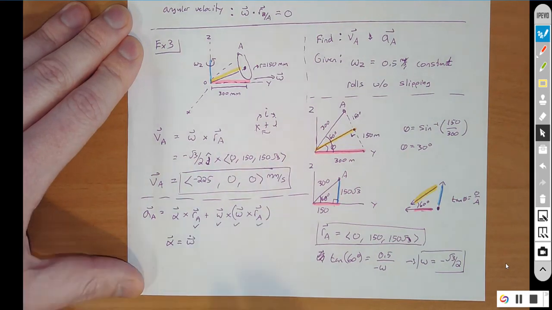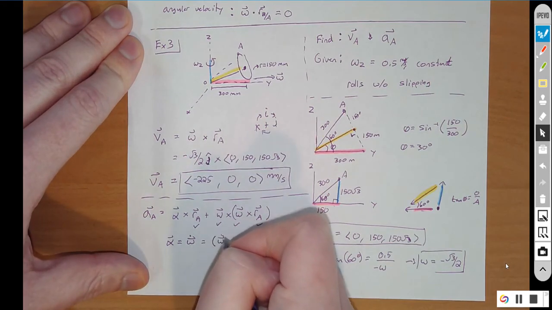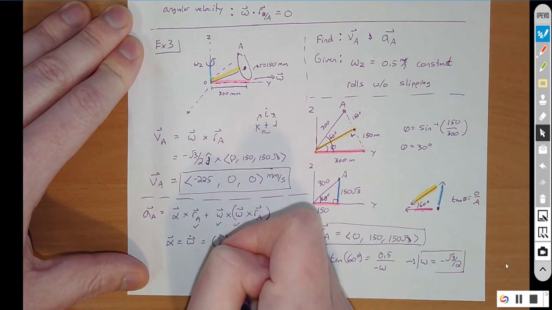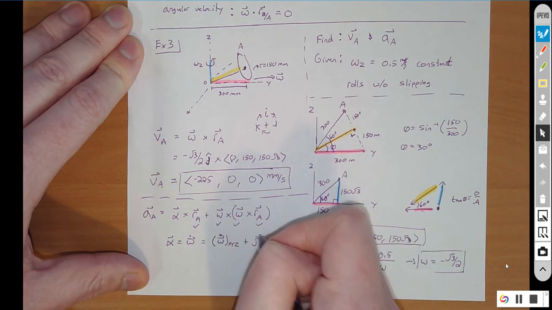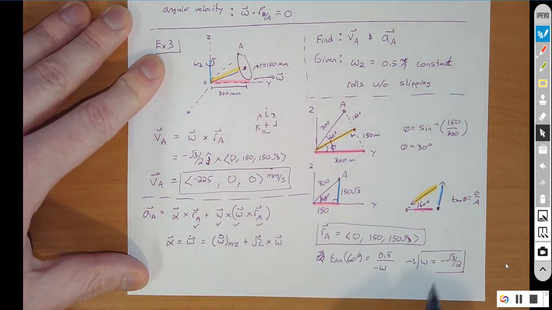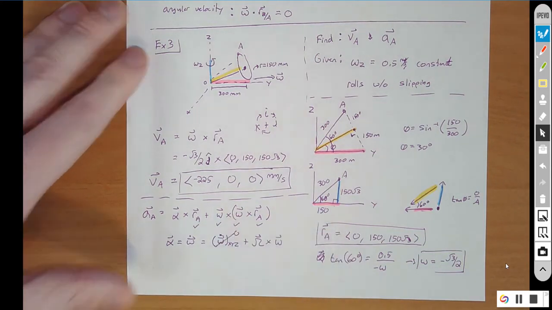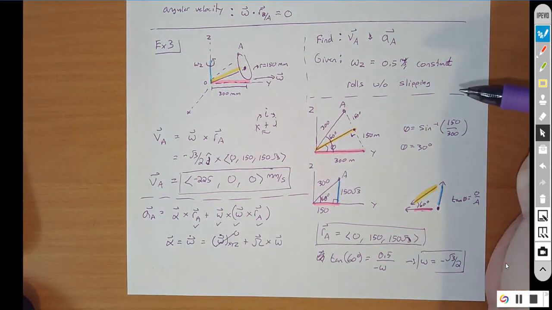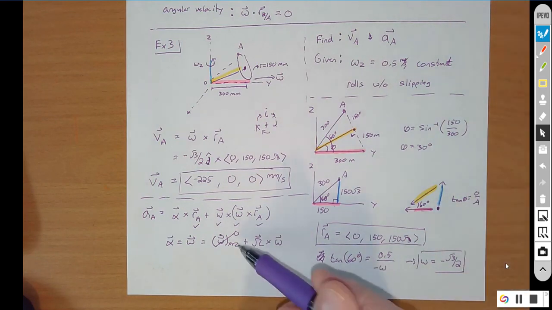So we're going to use the derivative of any vector equation. So that's going to be omega dot in the x, y, z coordinate system plus the rotation of that coordinate system crossed with omega. Again, I know omega. Well, this is 0 because I have constant rotation, so I have no local accelerations.